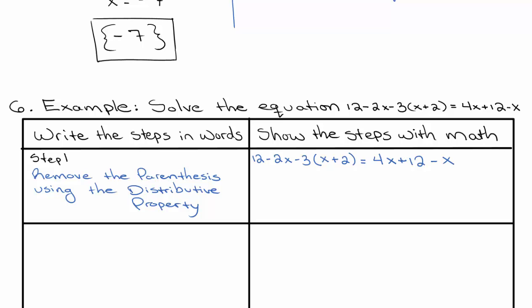We're going to use the distributive property, so I am going to distribute a -3 to both of the terms inside of the parentheses. So that's going to give me 12 minus 2x minus 3x minus 6 equals 4x plus 12 minus x. Good. Now we're ready for step 2.